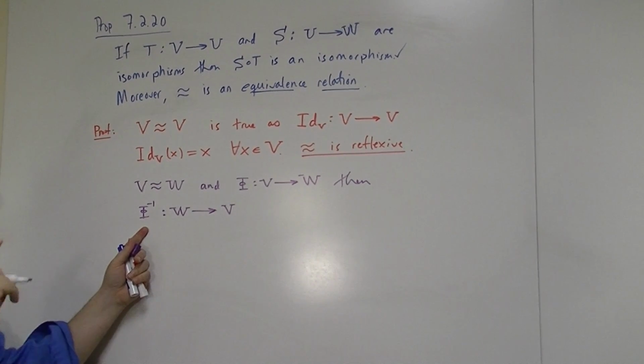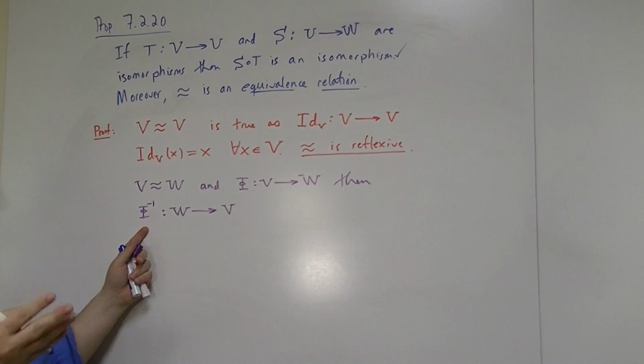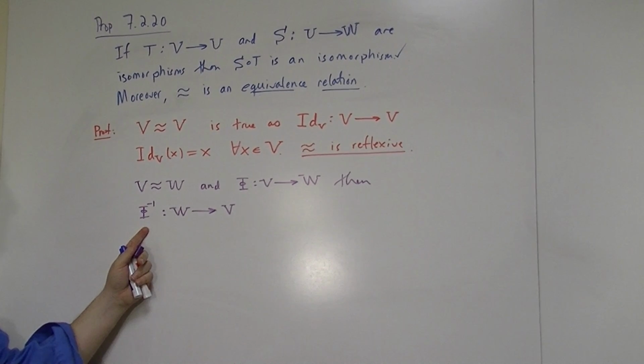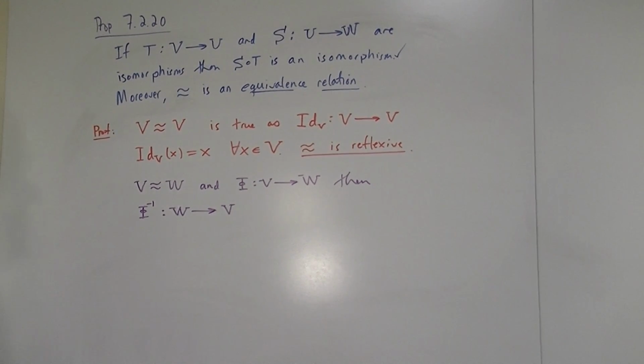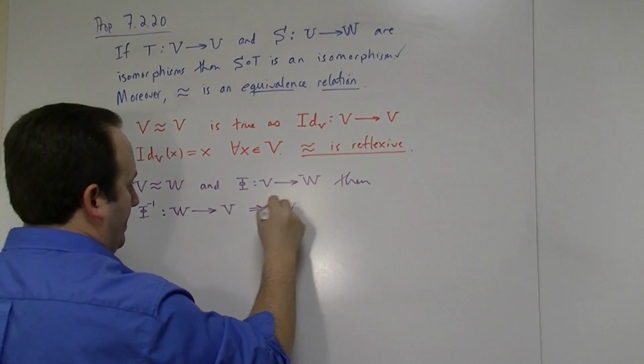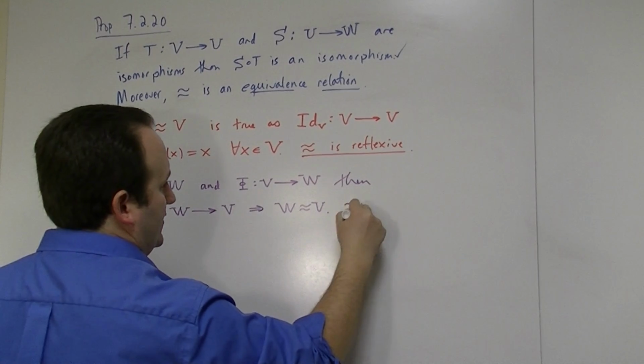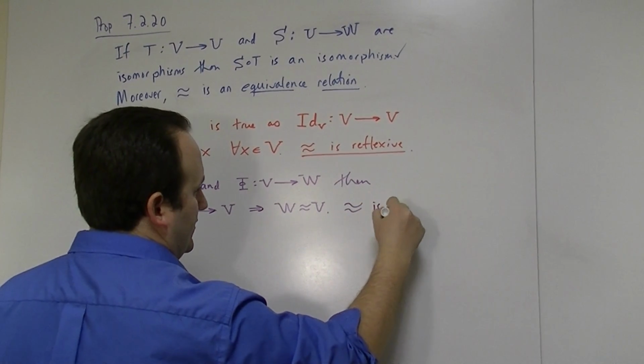There's a theorem earlier in this section which proves that for sure, because if you have a bijection which is linear, the inverse is automatically linear. So that's an isomorphism of w to v. So v isomorphic to w implies w is isomorphic to v. In other words, the isomorphism is symmetric.